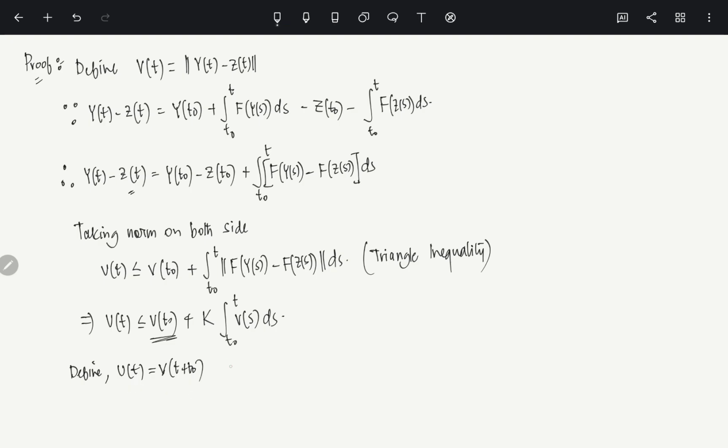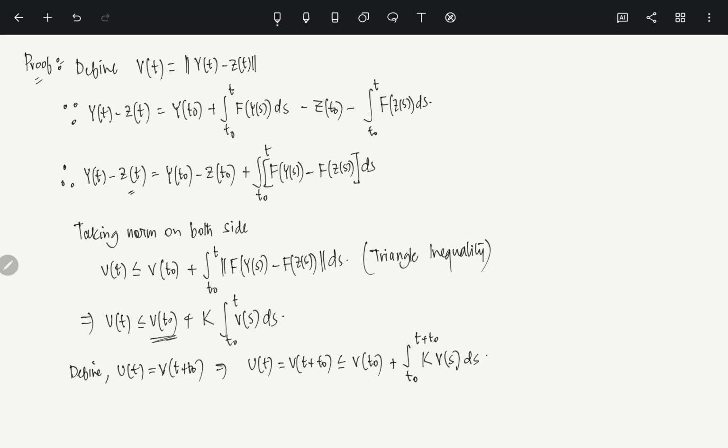Then that will imply that U(t), which equals V(t plus t0), will be bounded by V(t0) plus the integral from t0 to t plus t0 of k times V(s) ds.